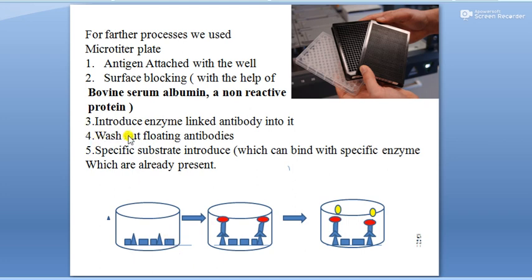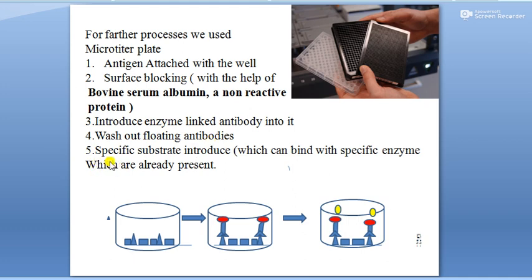Next step, that is introduce enzyme linked antibody into it, which is previously designed for these specific types of antigens. Then after some time we need to wash out the floating antibody, those antibody which are not attached with the antigen, right? We need to wash them. That's why washing process is needed.